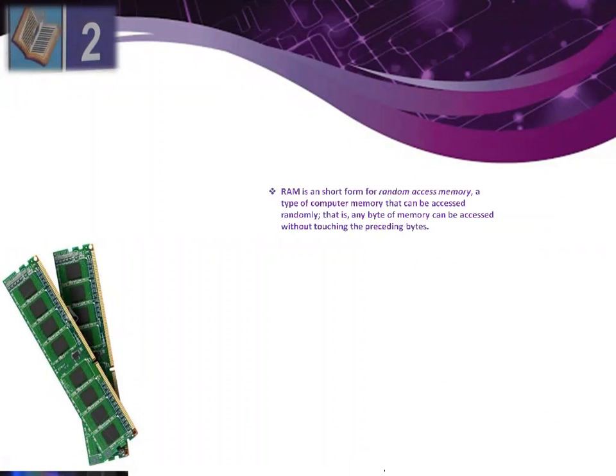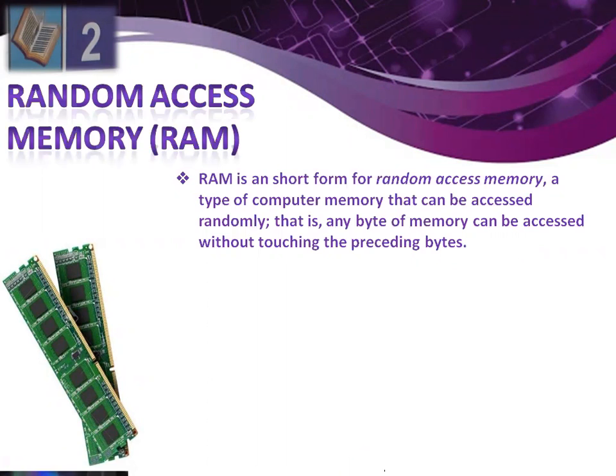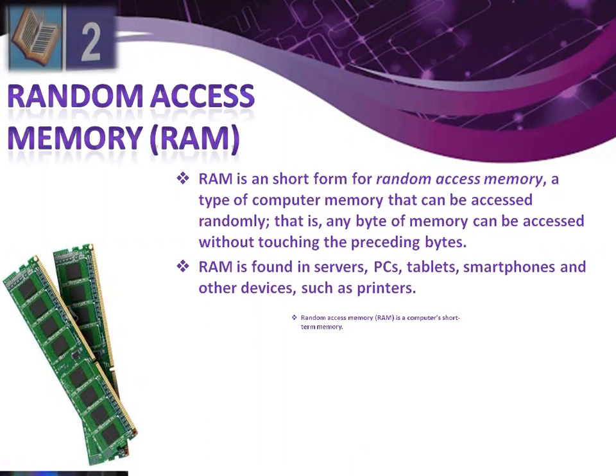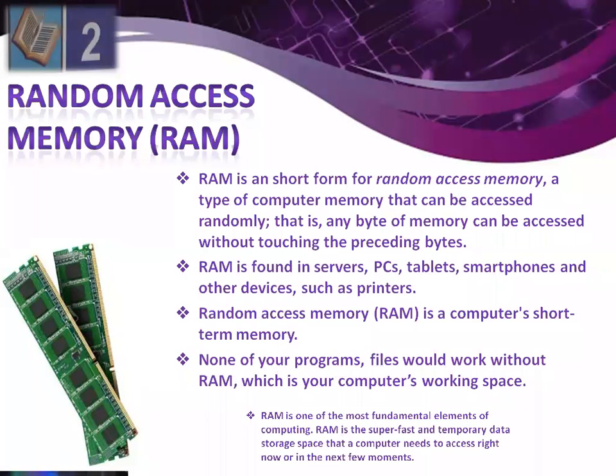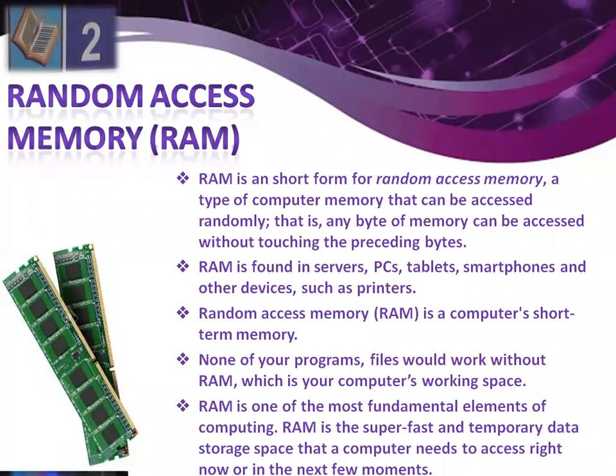Random access memory, RAM. Dear students, RAM is a short form for random access memory, a type of computer memory that can be accessed randomly. That is, any byte of memory can be accessed without touching the preceding bytes.